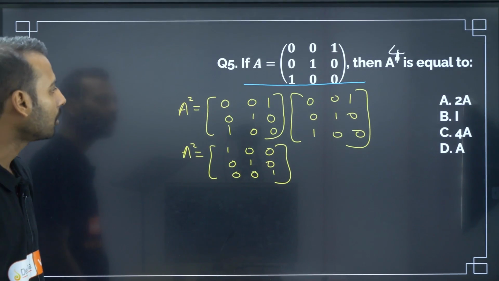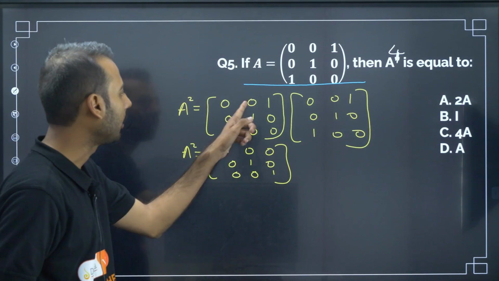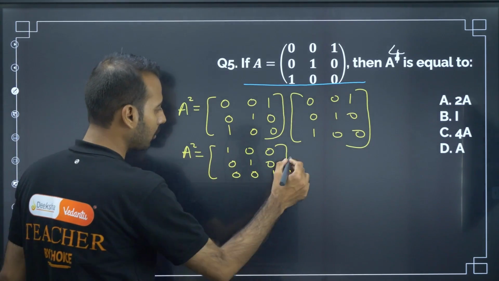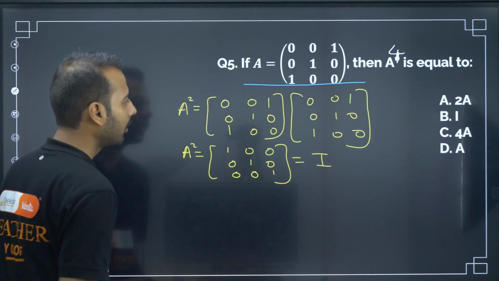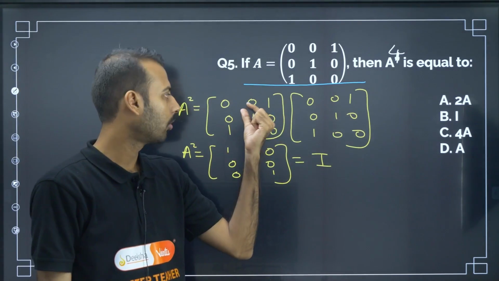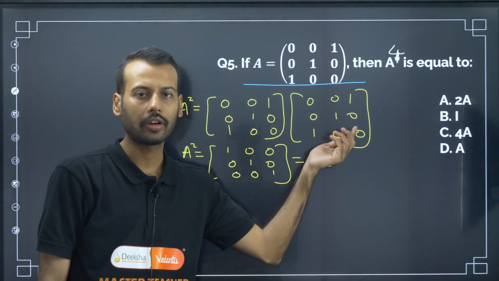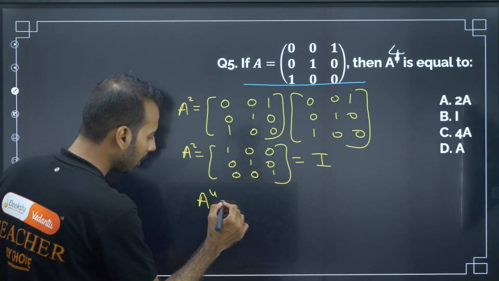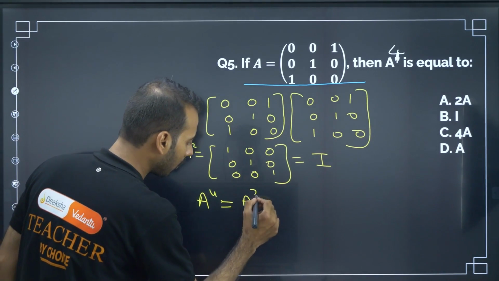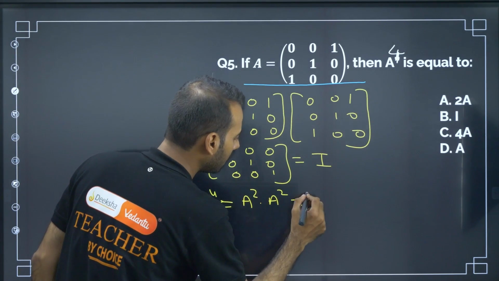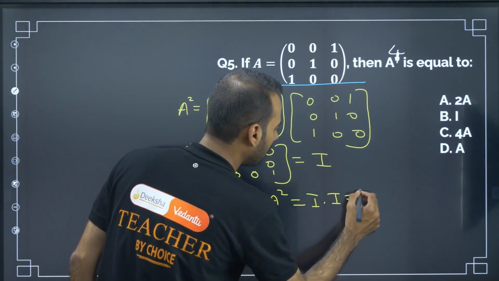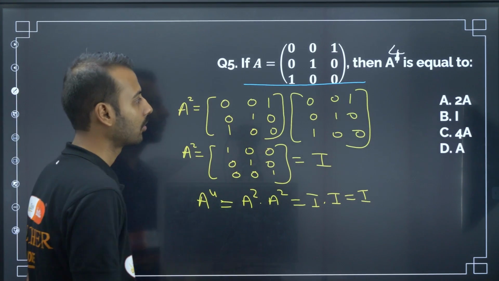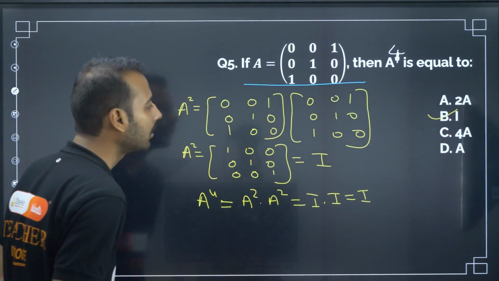A square is equal to I, just multiply. I hope the students who are watching this are already aware of how to multiply. Next, A4 is equal to A square dot A square is equal to I dot I is equal to I. A4 is I. So the answer for this is I.